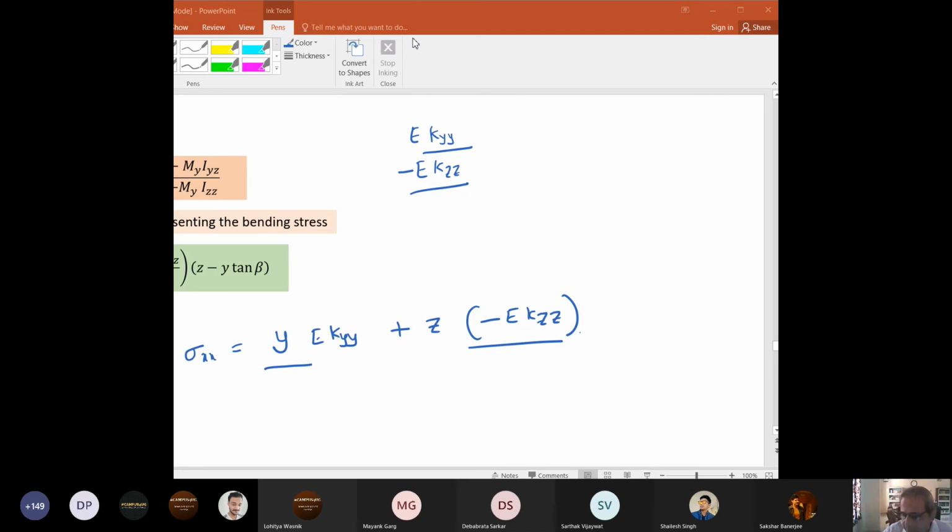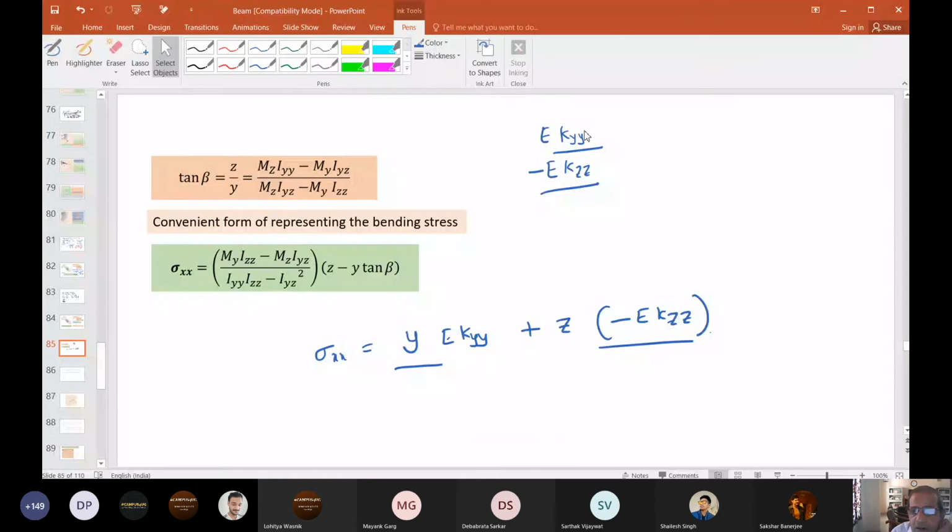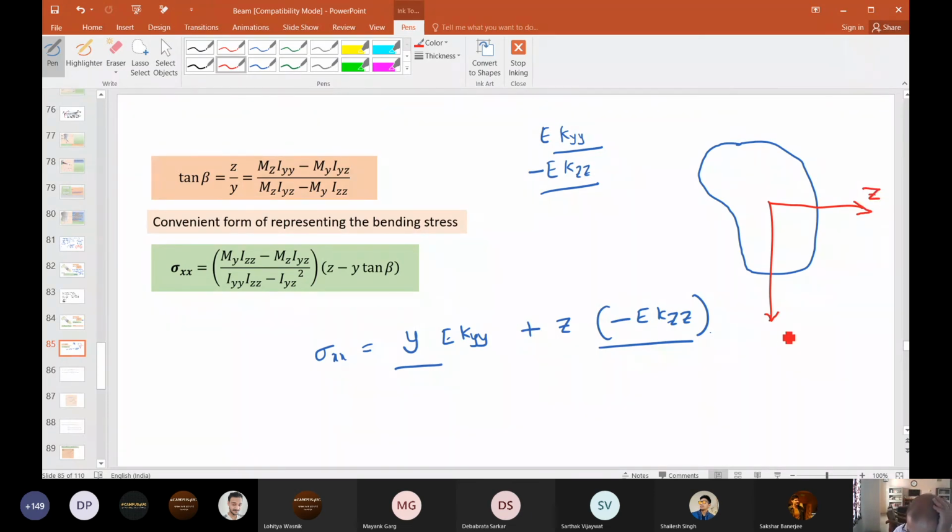I think maybe it is better to show it to you. This is my axis. This is the Y axis. This is the Z axis.